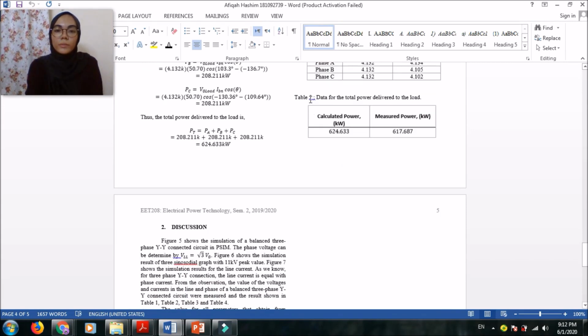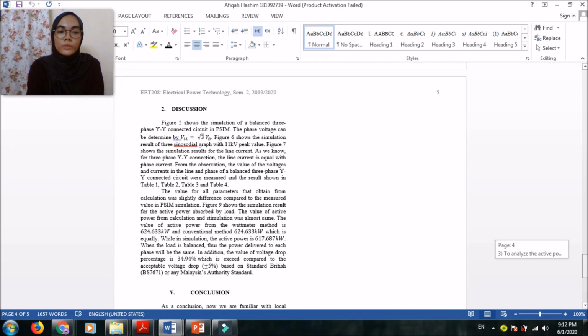Okay, table 5 shows the data for total power delivered to the load. The calculated power that we get is 624.633 kilowatt. Measured power we get is 617.687 kilowatt.